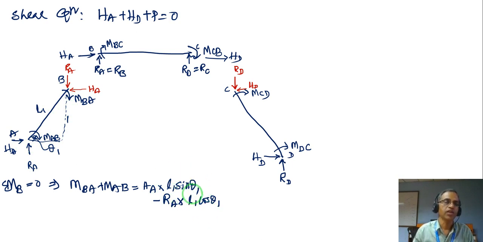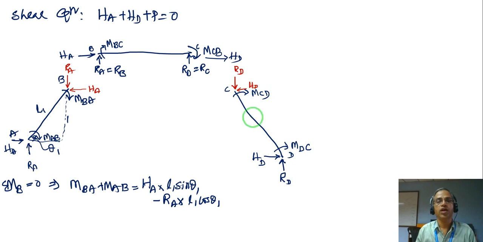If not given, if inclined length is given, then I will convert into sin theta 1 and cos theta 1. Okay, so again in this equation I have H and R.